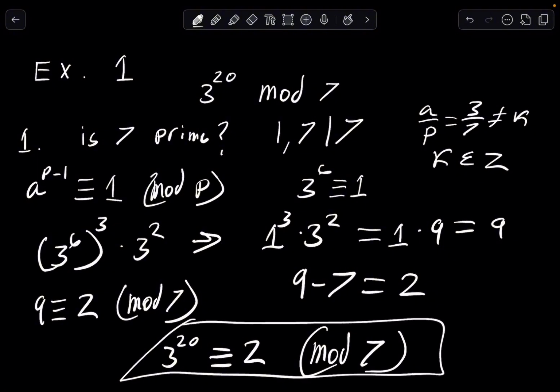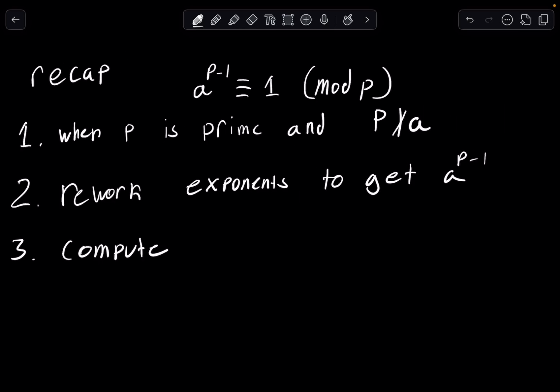And we just computed that using Fermat's little theorem to simplify this and make this problem easier. Okay, to do a quick recap, we just went over how to compute these larger numbers using Fermat's little theorem and fast modular exponentiation. So to recap, we can use Fermat's little theorem when P is prime and A is not divisible by P. If P is not prime, we cannot use it.